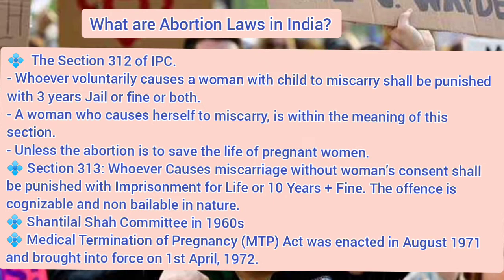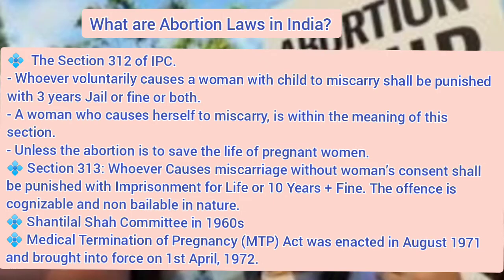Section 312 of the IPC says that whoever voluntarily causes a woman with child to miscarry shall be punished with 3 years jail or fine or both, unless the abortion is to save the life of the pregnant woman.